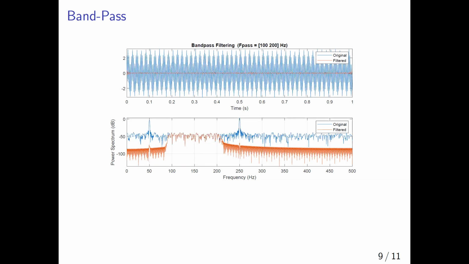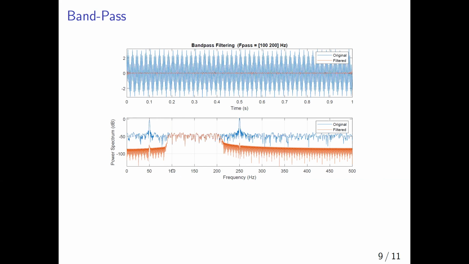And another type of filtering that you will see is called a bandpass filter. And what the name implies is that there's a certain set of frequencies that you actually want to consider, and you want to remove everything else. Why would you do this? Well, you would do this in something like speech processing, for example. You would know that human speech is only at a certain range of frequencies.